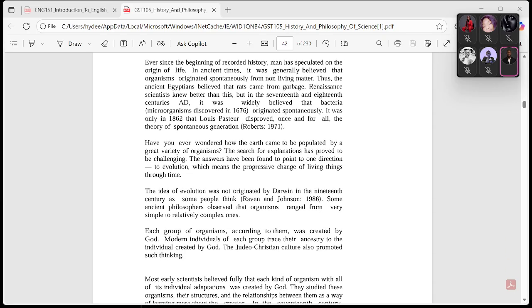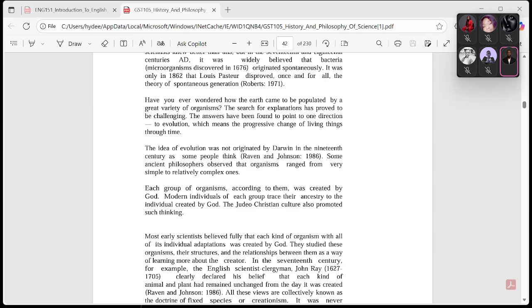All right. The second thing is the doctrine of fixed species. Doctrine of fixed species is what we talk about as creationism. Now, the belief prevalent in the Judeo-Christian culture and early science, John Ray, that each species was created by God and has remained unchanged. So some of you might be thinking that science does not involve God. Well, it does.